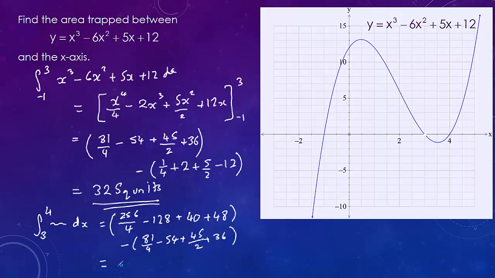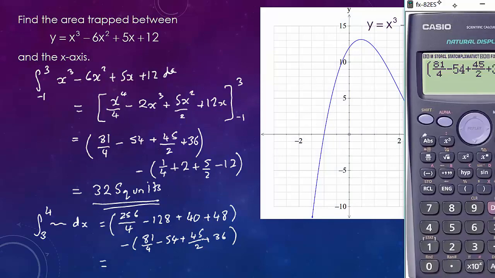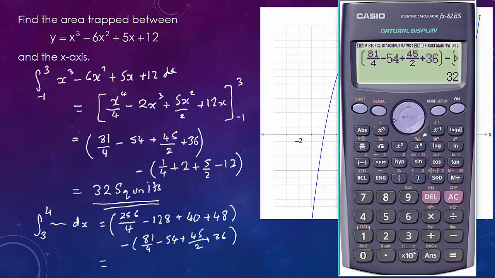And let's see what that comes to. Now, if I bring the calculator back in, we've already got quite a bit of that on the calculator. So let's just delete all of that lot. And we need to go right the way through to the front and put in this bracket.